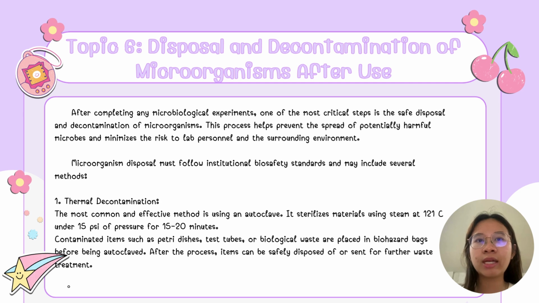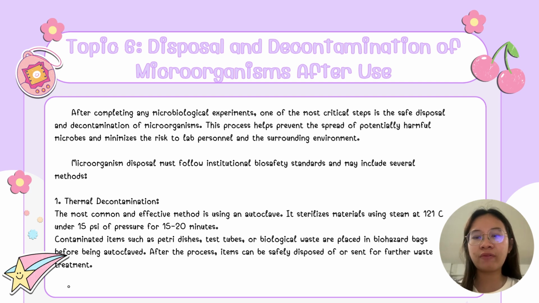After completing any microbiological experiments, one of the most critical steps is the safe disposal and decontamination of microorganisms. This process helps prevent the spread of potentially harmful microbes and minimizes the risk to lab personnel and the surrounding environment. Microorganism disposal must follow institutional biosafety standards and may include several methods. First, thermal decontamination.